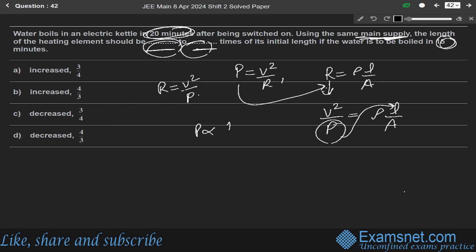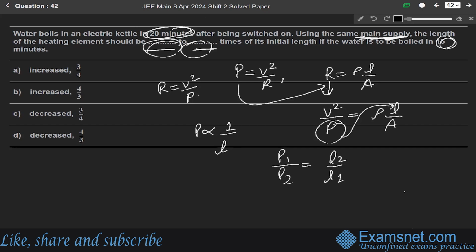For the two cases, P1 over P2 equals L2 over L1.